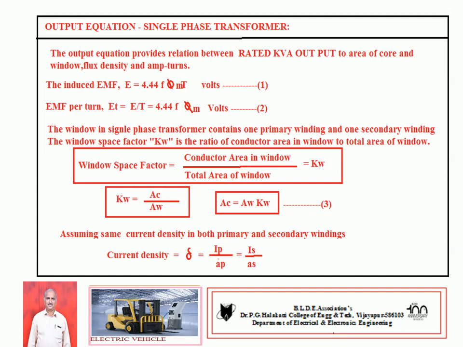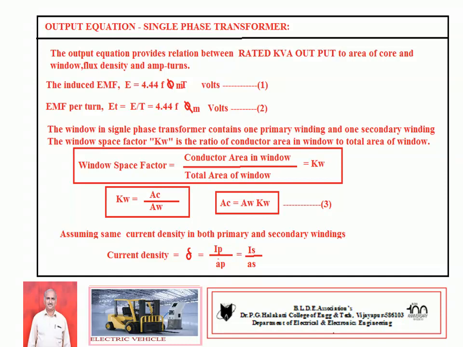The output equation of a single phase transformer is very important, usually an 8 marks question, either for single phase or 3 phase transformer. If necessary, write the assumptions and draw the diagram, then start the derivation.